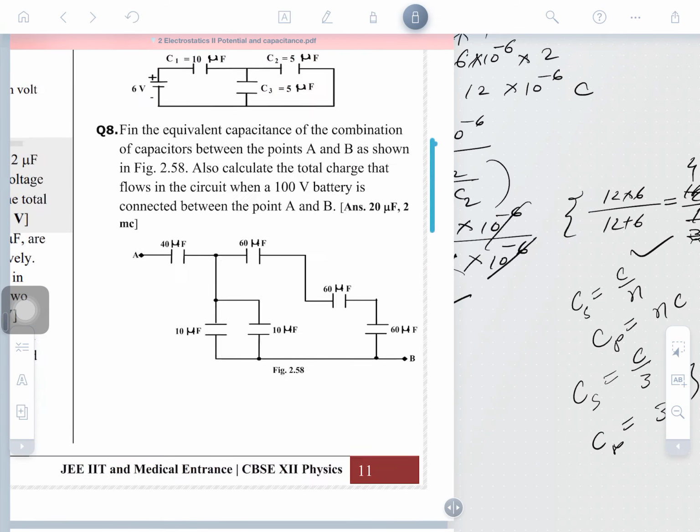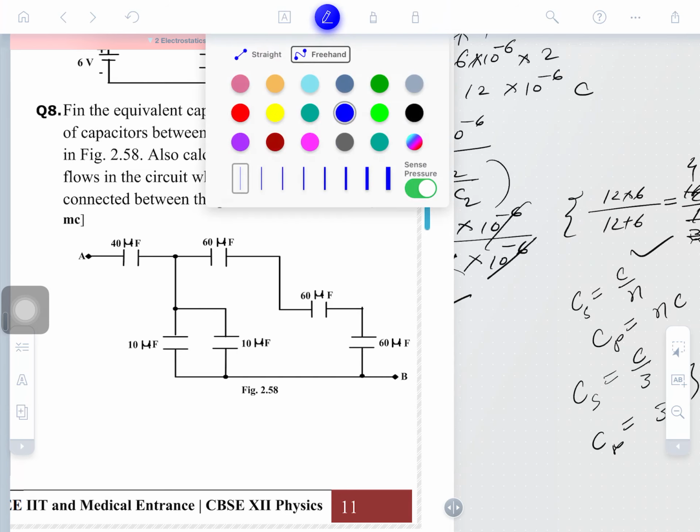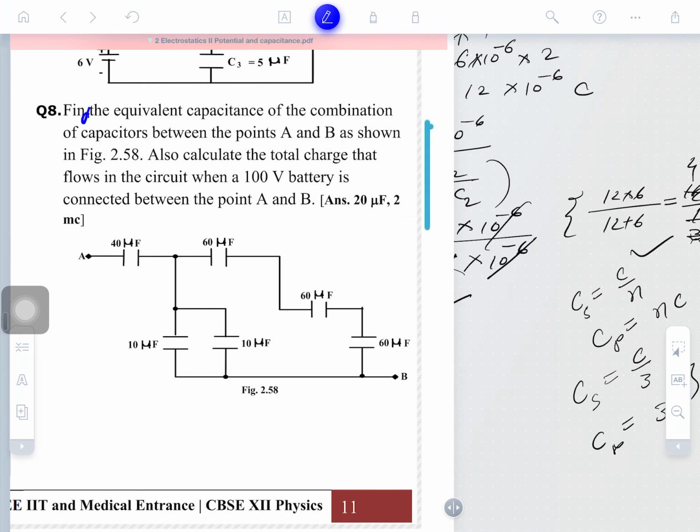Here also you may see, find the equivalent capacitance between point A and point B. Suppose charge travels from here. Charge is distributed here and here, so these two lines are in parallel.